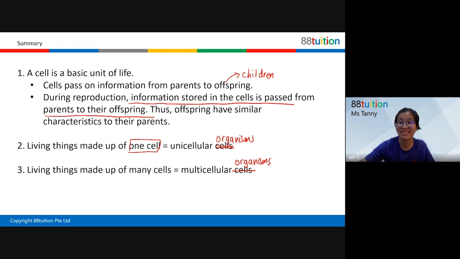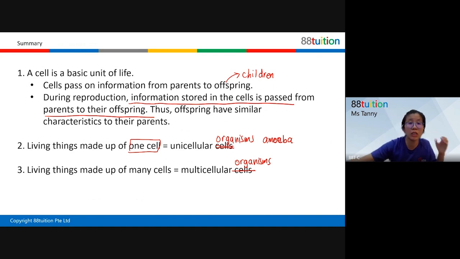Humans. Multicellular. Yes, we are multicellular. So for those who are unicellular, what kind of organisms do we have? For example, we have the amoeba. So that's one example of a unicellular organism.